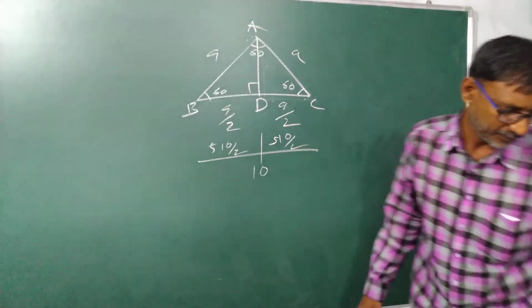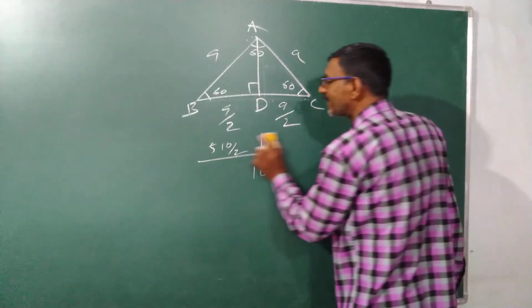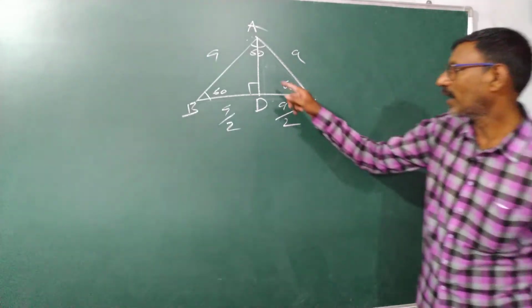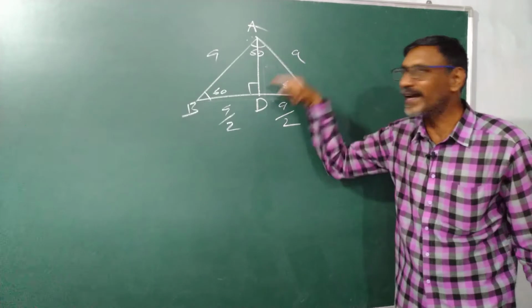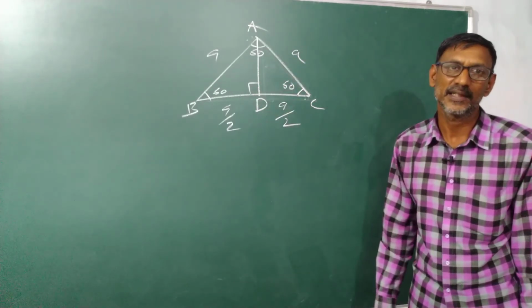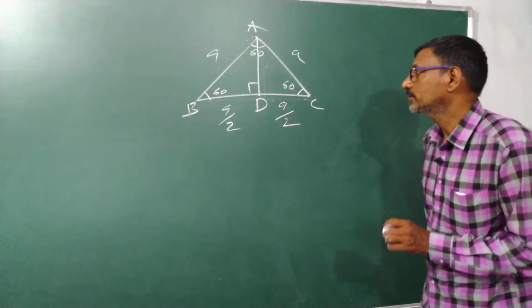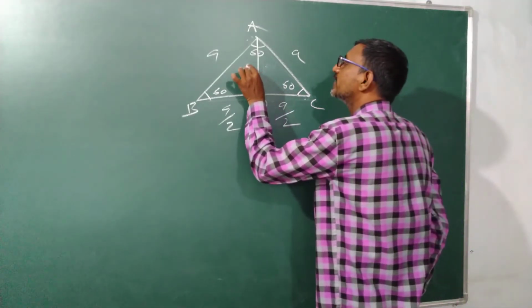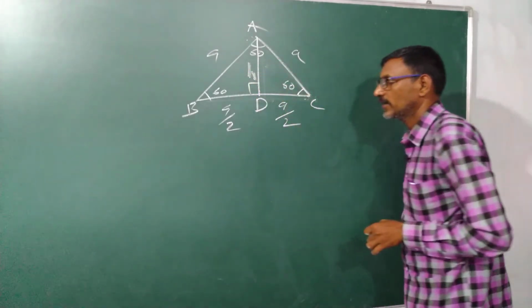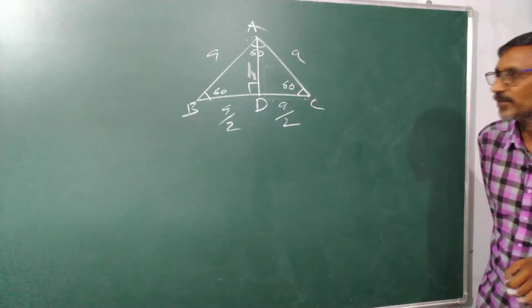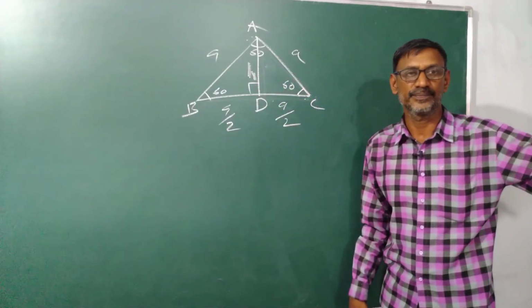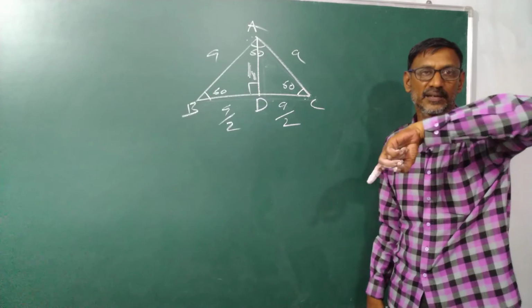Now, in the equilateral triangle, I construct two right angle triangles. See, these two are right angle triangles. Now, I would like to find this height, whatever it may be. I can find this height with the help of Pythagoras. When we have a right angle triangle, Pythagoras comes and takes a role.